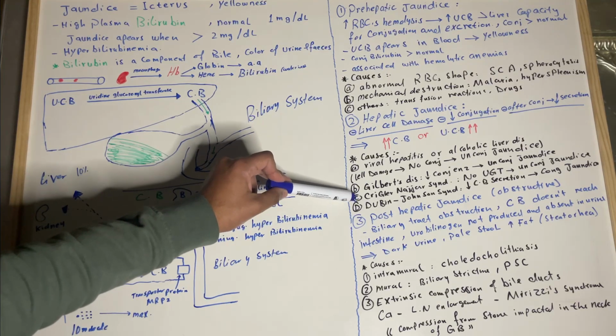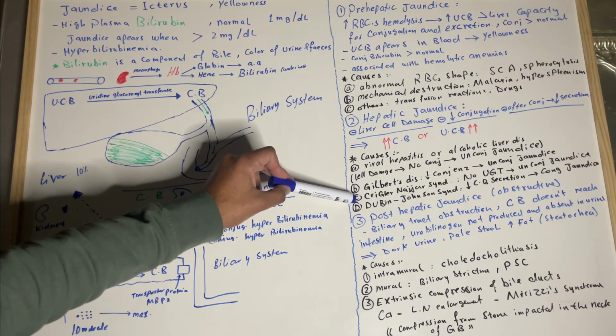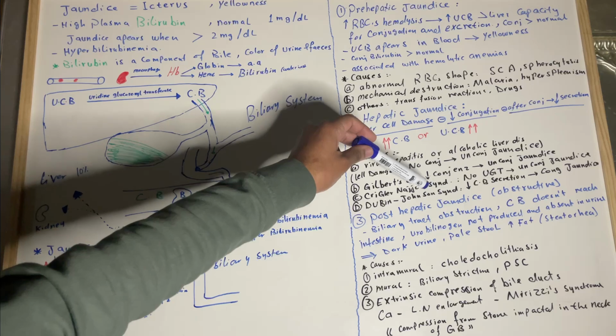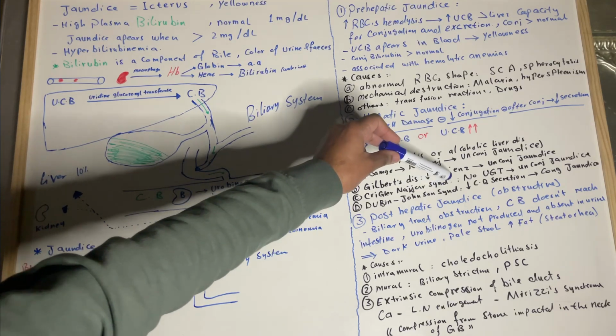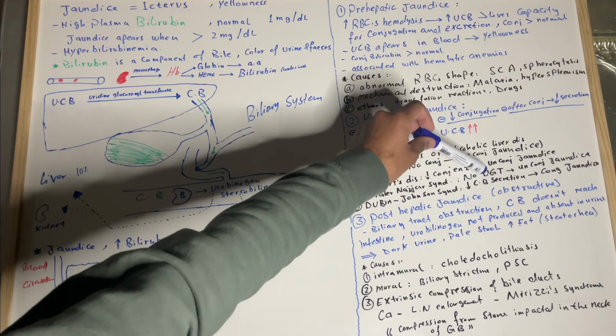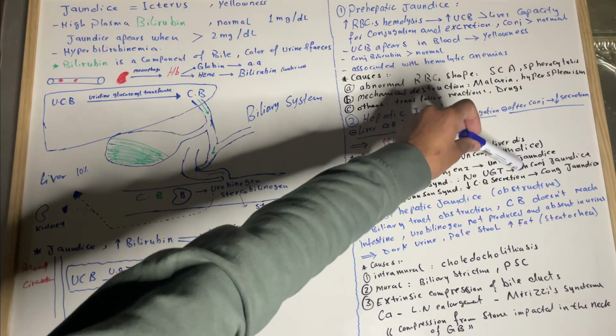Another cause of hepatic jaundice is Crigler-Najjar syndrome. In Crigler-Najjar syndrome, there is no enzyme. There is deficiency of the enzyme glucuronide transferase, and also we get unconjugated jaundice.